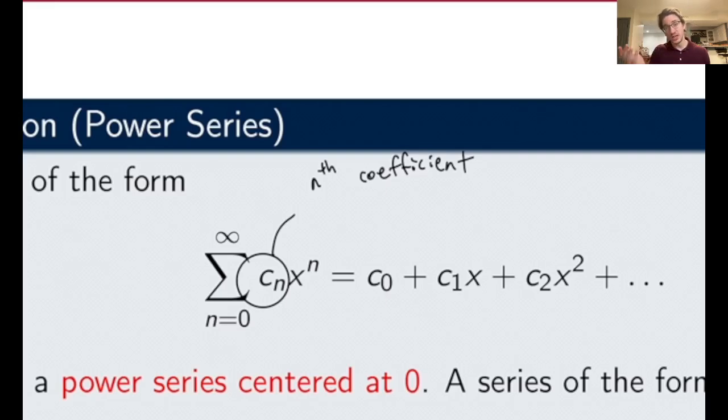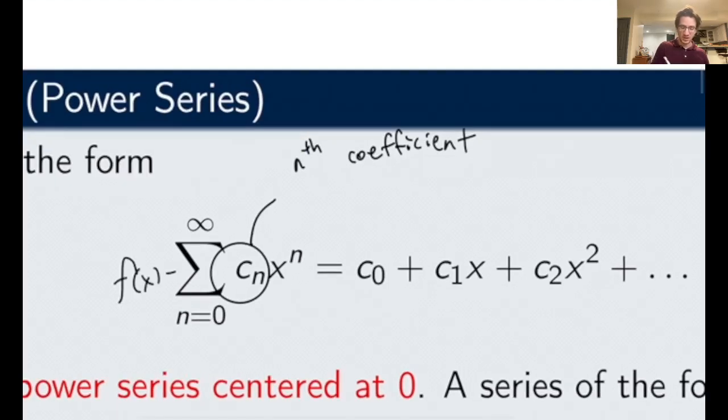But the root and ratio tests don't require any positivity of terms, so we're going to use them most of the time when talking about convergence. A power series is just a regular old infinite series where the terms depend on a variable x. You can call this f of x if you want; it is a function of x.